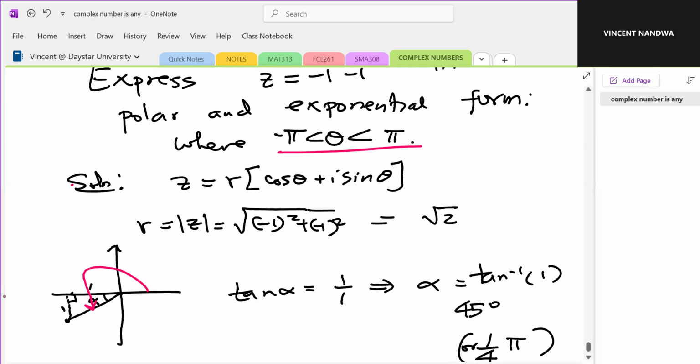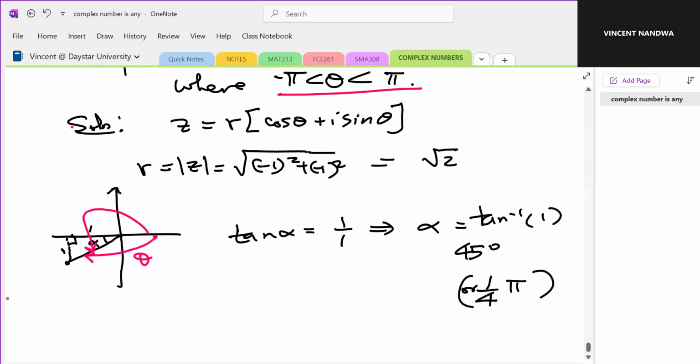So we need to pick this as the direction of measure. This is the correct way of measuring theta, and remember, this is a negative direction, so we'll have minus.